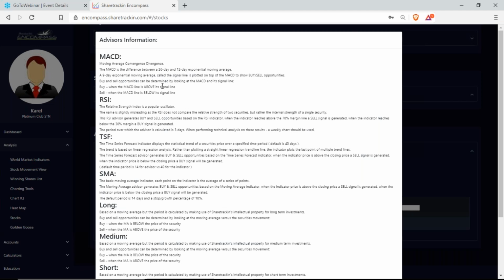And then it gives you everything. Then it tells you buy when the MACD line is above its signal line. Sell when the MACD line is below its signal line. Here I can see exactly what's the name. It gives me a definition. It tells me when to buy and when to sell.